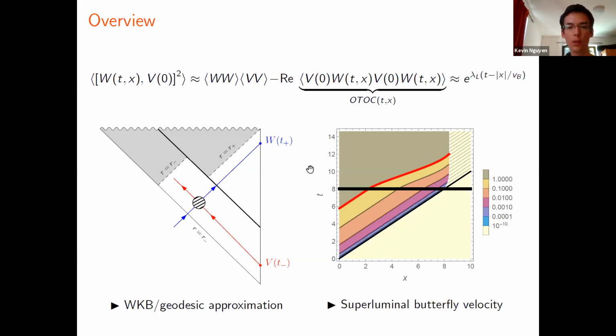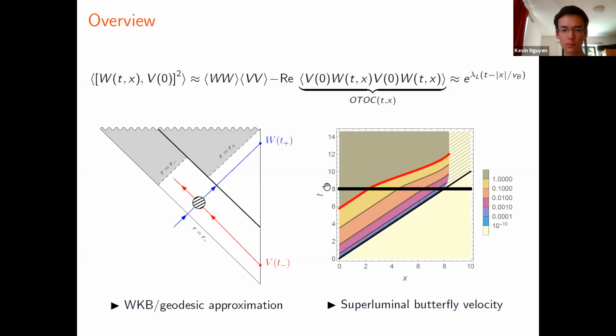Now, when we compute the OTOC in this case, we will find this result. These are the level sets of the OTOC. The operator V is inserted at the origin, and this plot describes the value of the OTOC as a function of the insertion point of the second operator W. This horizontal black line is the time of energy injection.